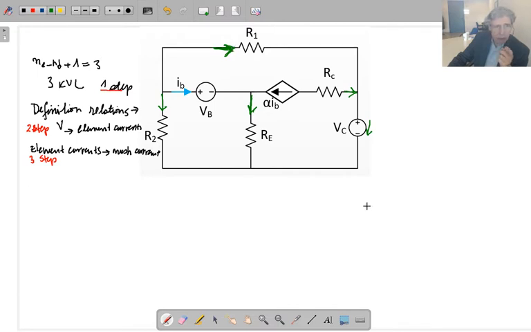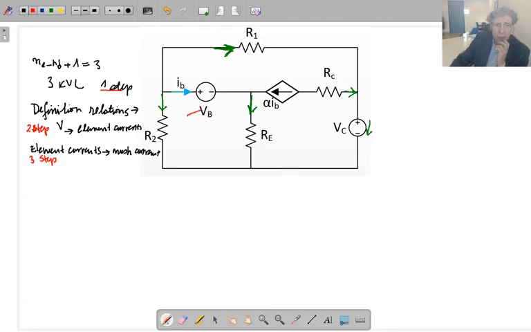So we said we're going to write Kirchhoff voltage law equations. In order to write these equations, we've got to choose direction for the loops. So let's do this by choosing a different color. Make that this one.